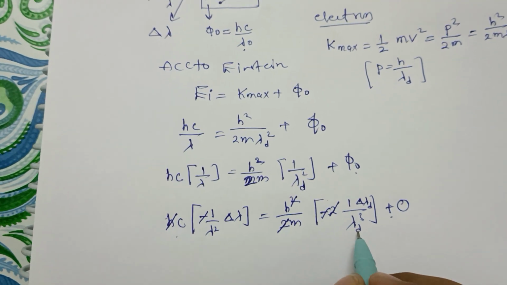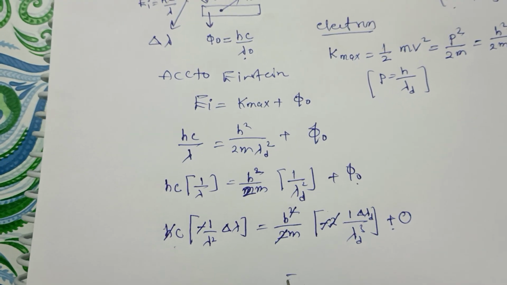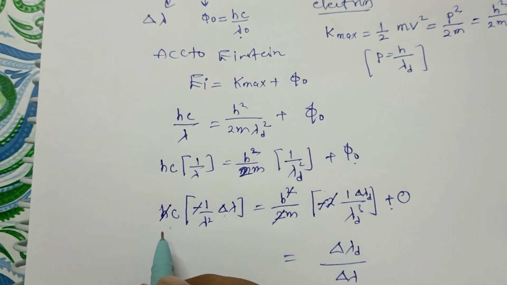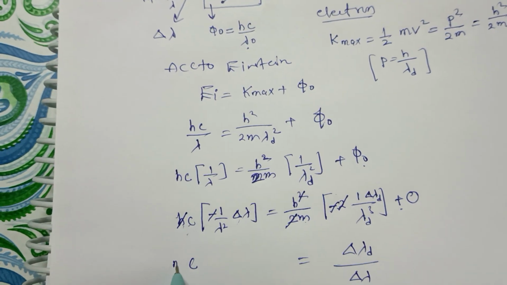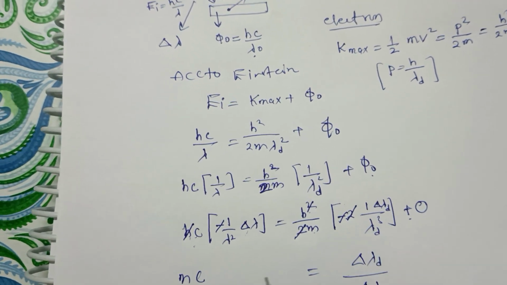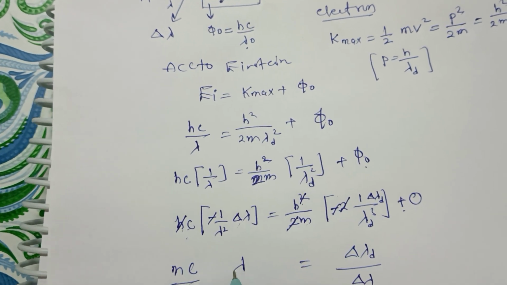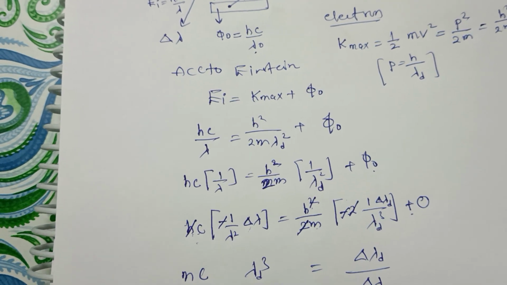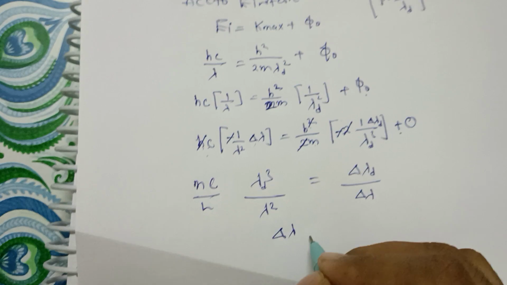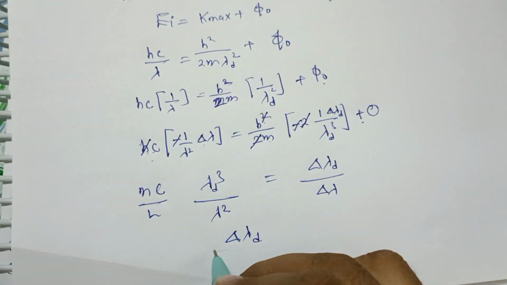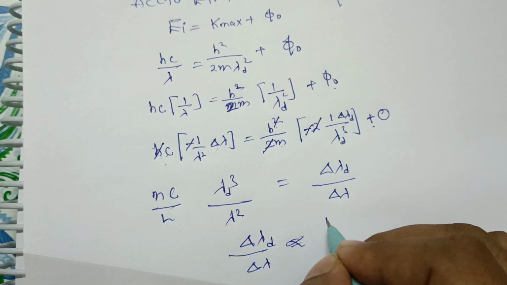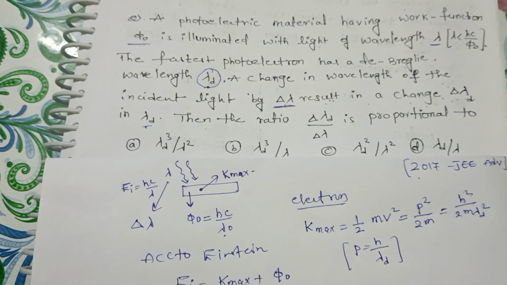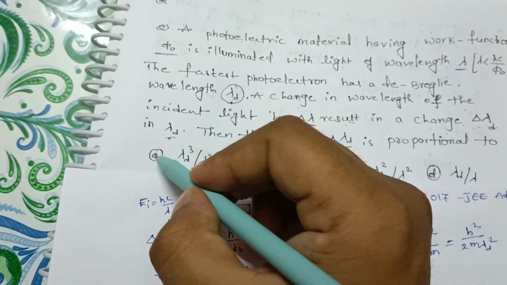Now you want delta lambda d by delta lambda. Writing the remaining terms on one side, c is there, m comes, another h is there, and lambda d cube, with lambda square in the denominator. So delta lambda d by delta lambda is proportional to lambda d cube by lambda square, which means you can check the correct option.